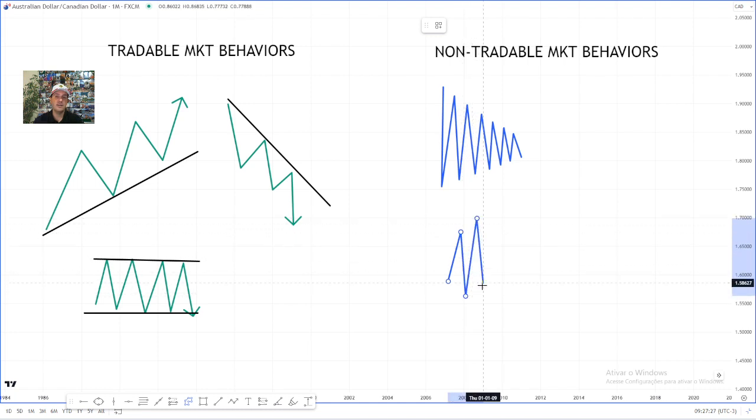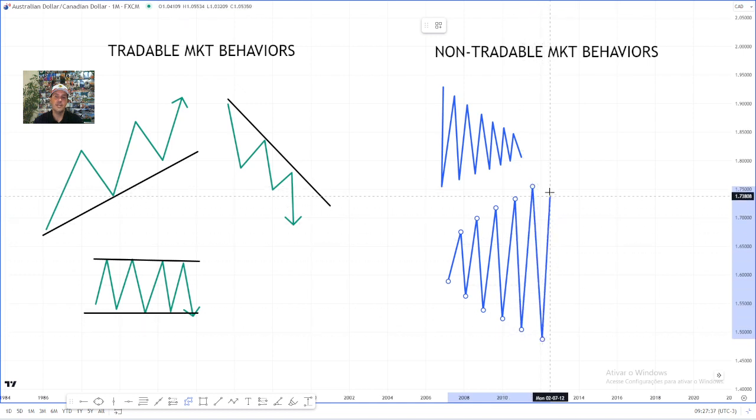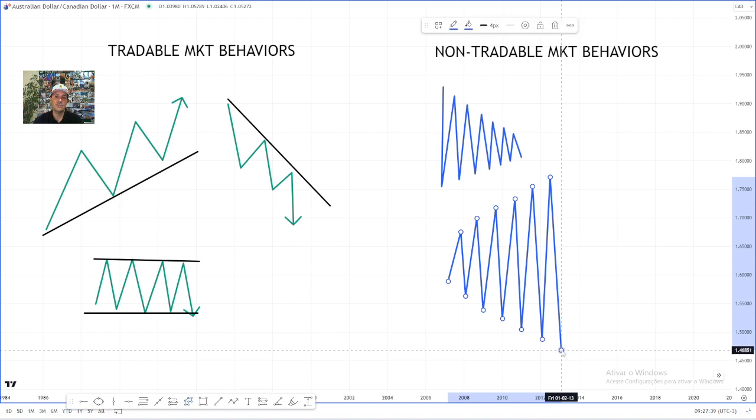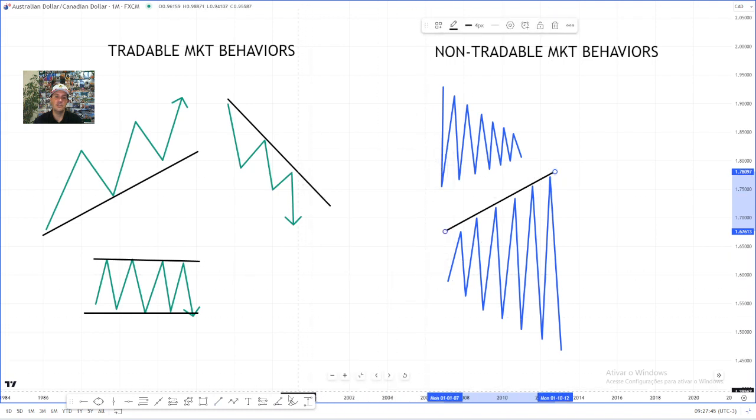Higher high, lower low. Higher high, lower low. This market behavior, this pattern, is called chaos. And I'm going to explain to you why even professional traders lose.